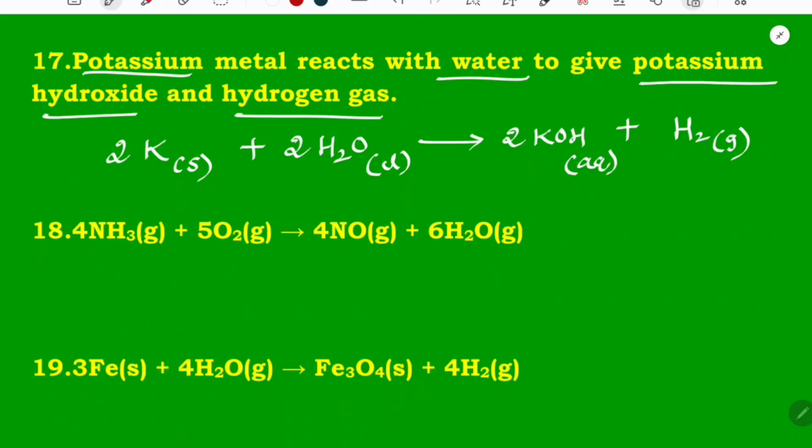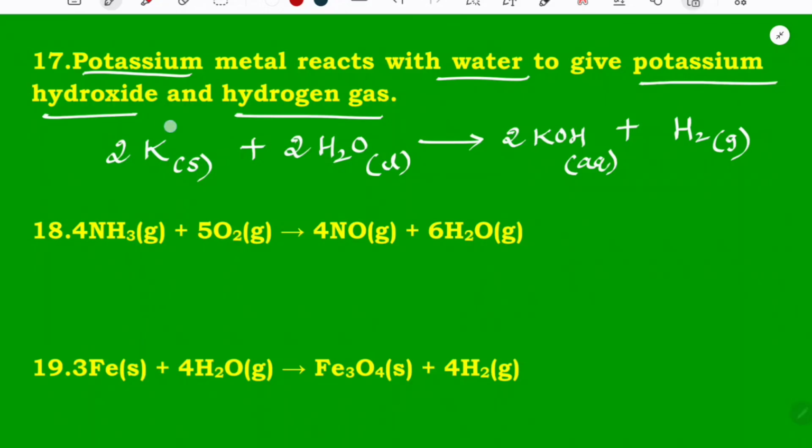So the equation is balanced. So what type of reaction is this one? You can't say directly. It's okay. Generally, metals react with water to form their respective alkalis. This potassium is an alkali metal and forms alkalis when reacting with water, liberating hydrogen gas.